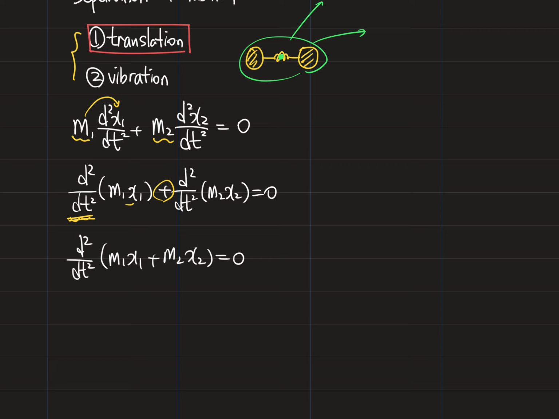And now you might want to divide and multiply by the same number at the numerator and denominator, the total mass m. So this is simply just 1, right?